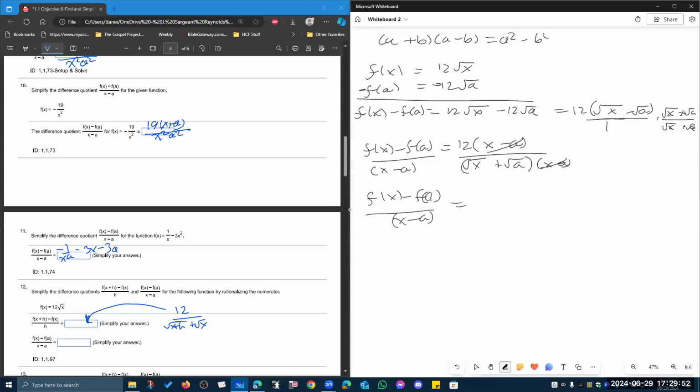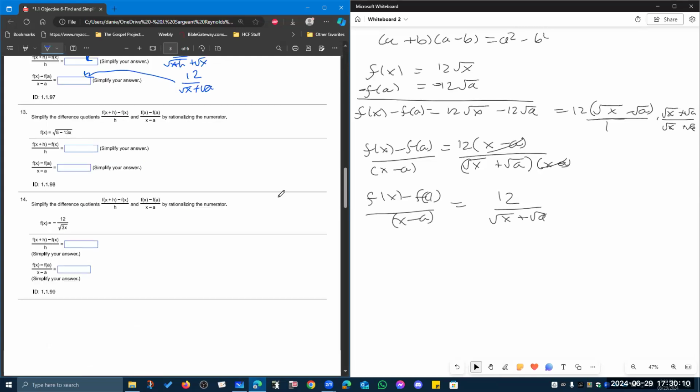It's going to be 12 over root x plus root a, just like we expected. So there we go.